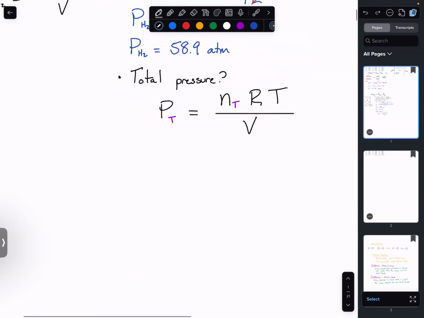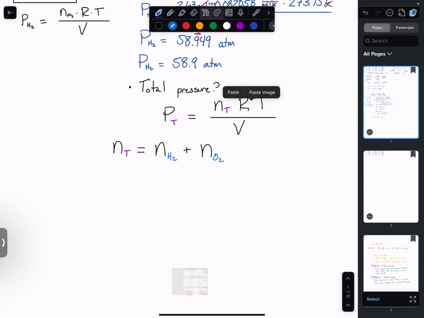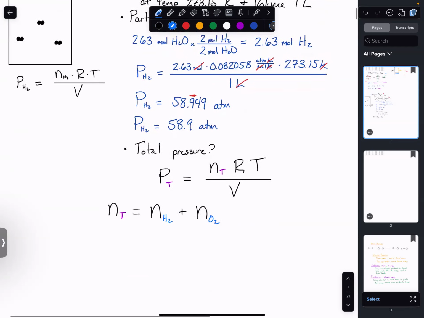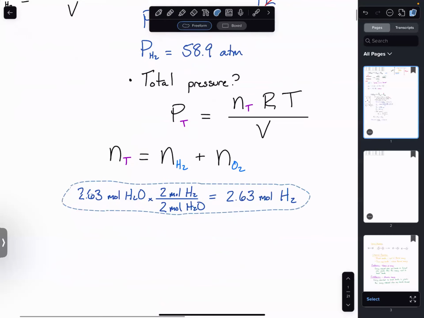All right, so if I want the total number of moles so that I can use my ideal gas law here, I need the number of moles of H2 plus the number of moles of my other gas in this mixture, the O2. And we already got one of those because we did our calculation before. Okay.